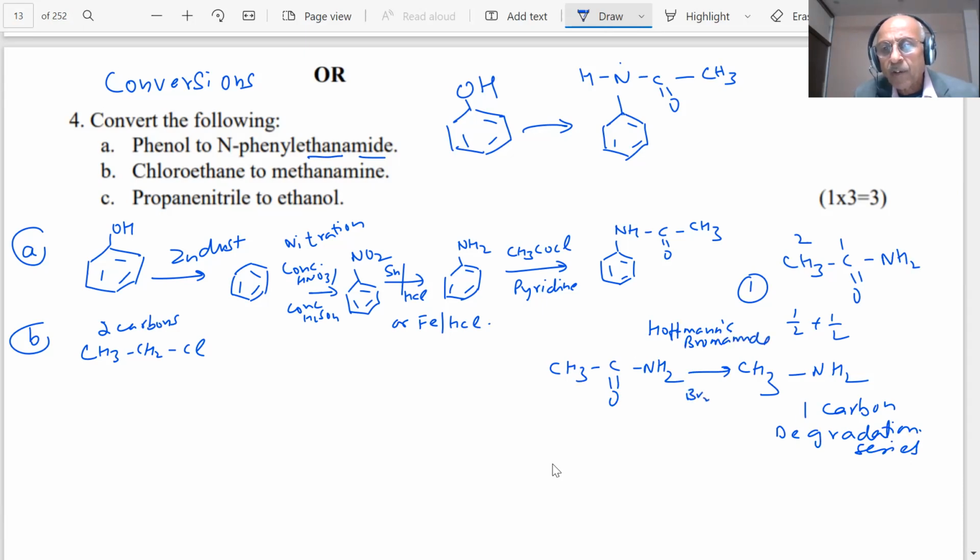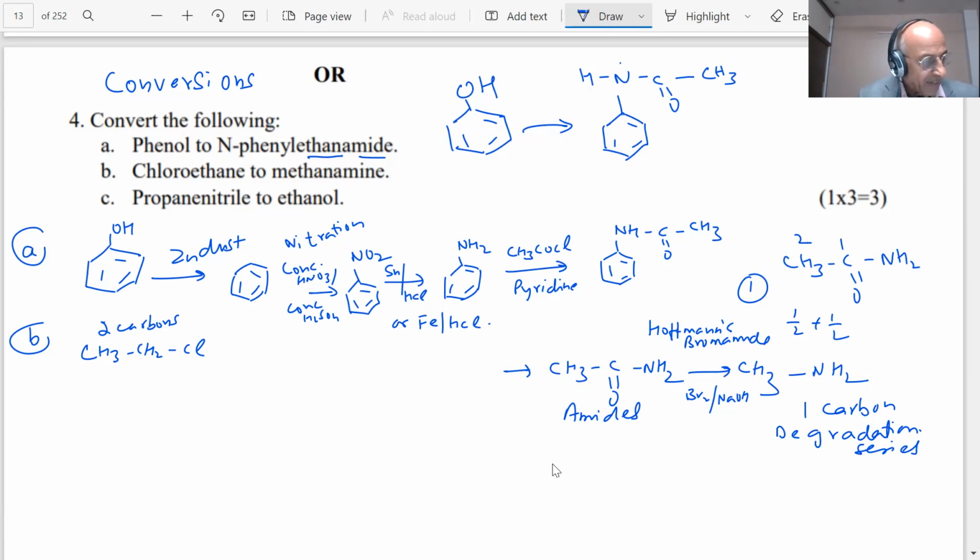What you are using is Br2 and NaOH, then this carbon is out, and amides are converted into amines. We have studied this reaction in the case of the reactions of amides into amines. Now the question is, how do we get this from this? So for this, again, we have to do more reactions, students.